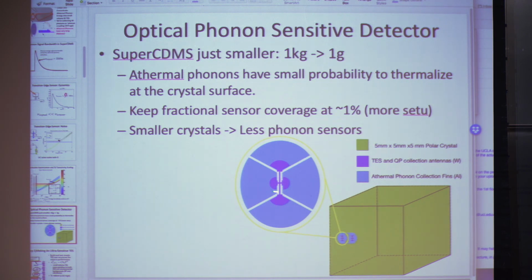So we don't want to put 100 TESs down. We want to put only 10 TESs that are very small in volume, because we want to make that C as small as we can. And so we're going to take a 5 millimeter by 5 millimeter by 5 millimeter polar crystal, put just a few sensors on the surface, and it becomes just like a SuperCDMS device, but just super tiny. So hopefully it'll have a much better energy resolution.